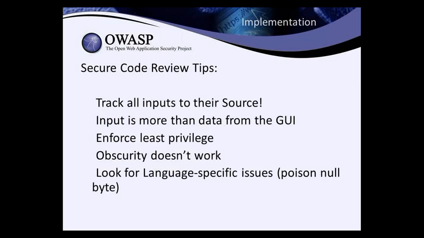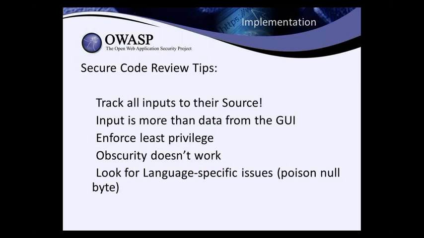Just some review tips about doing secure code reviews. Number one, track all inputs to their source. Input validation is so important. It's common, if you get a block of 2,000 lines of code, to see that some data comes out of there and think, well, it's not my problem. Track it all the way back to where it comes in. Is it being validated?